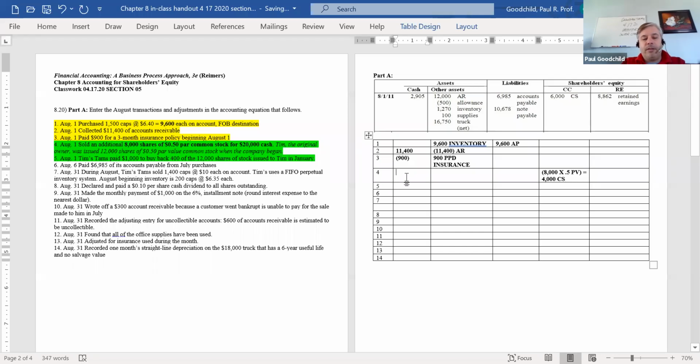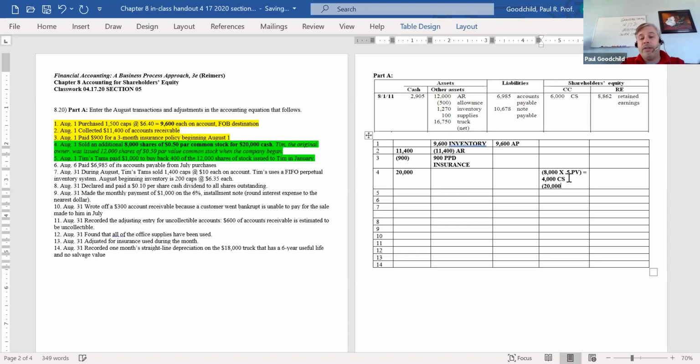And they sold for $20,000 cash. So it's going to increase our cash by 20,000. So we have to figure out, okay, where does the balance go? And that answer is whatever's remaining versus the par value.